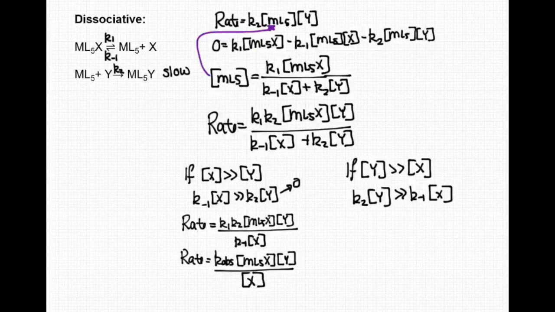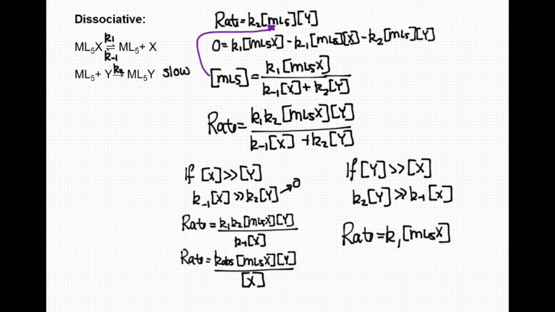So the K-1 times X term will functionally become 0, and we can think about how that will change the rate law. If the K-1 times X goes to 0, then we'll be able to cancel out the concentration of Y and the K2 in the numerator. So the rate will become K1 times ML5X.